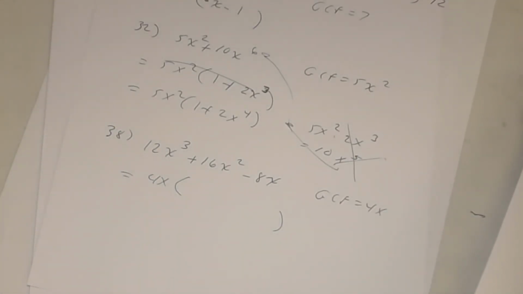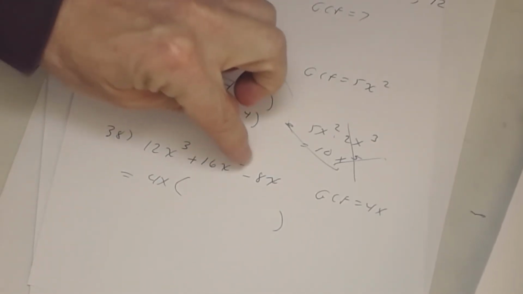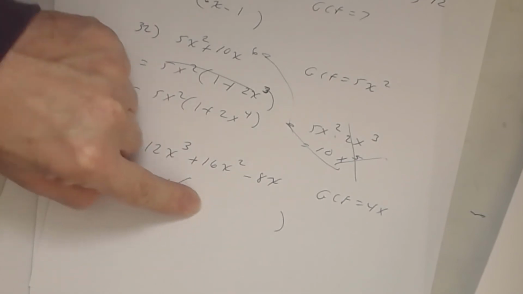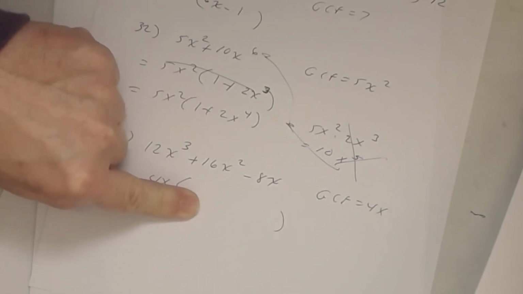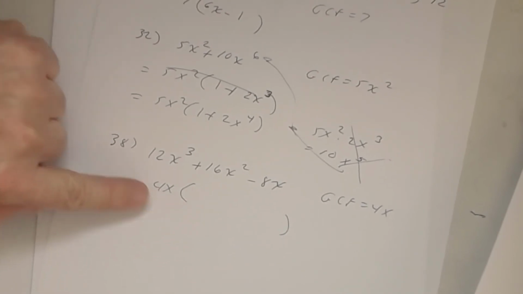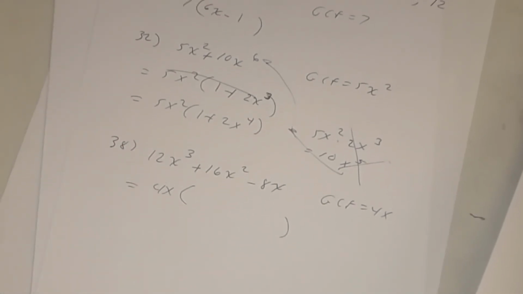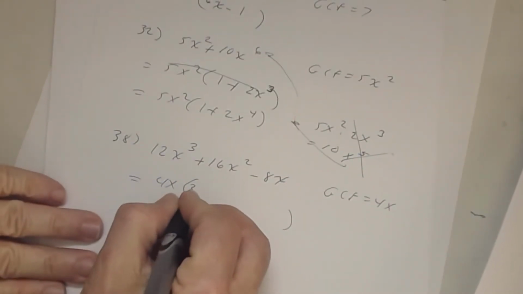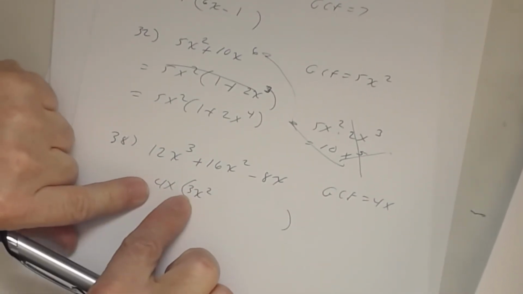Now listen carefully. How many terms does this polynomial have? 3. So you better have 3 terms inside the parentheses. Okay? So think distributive property. 4x times what is 12x cubed? 3x squared. Because 4 times 3 is what?